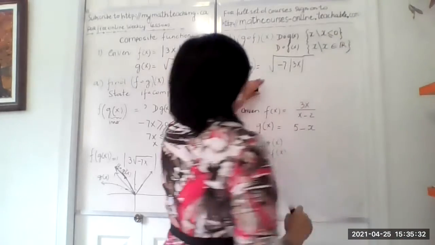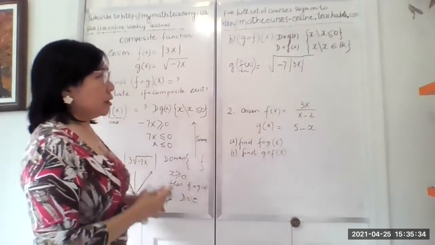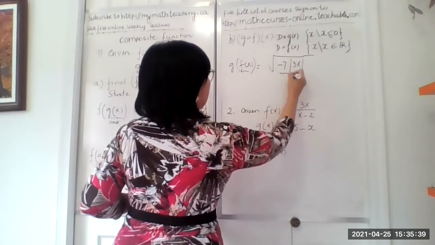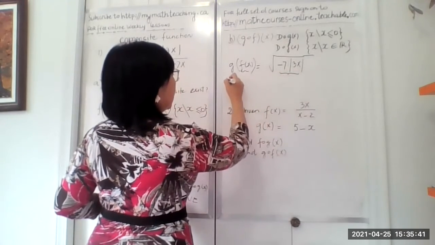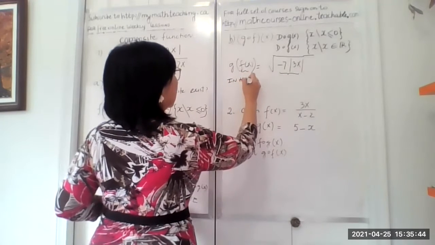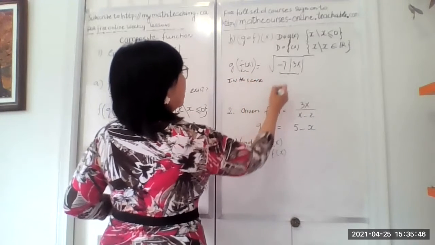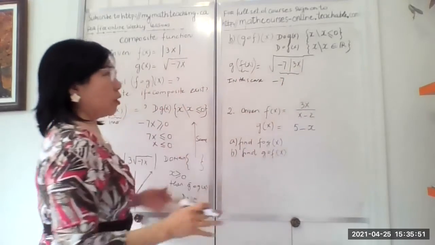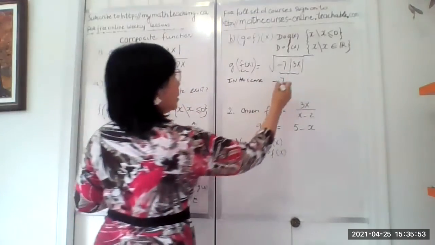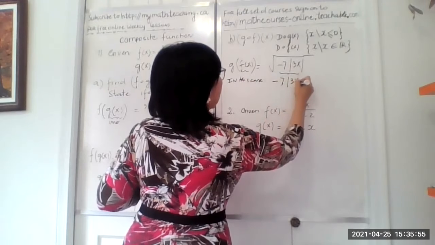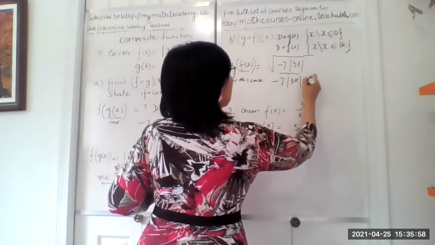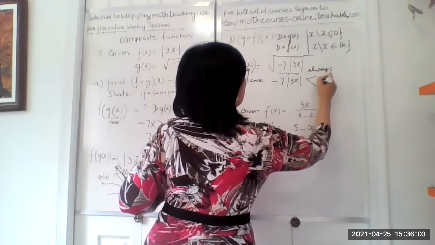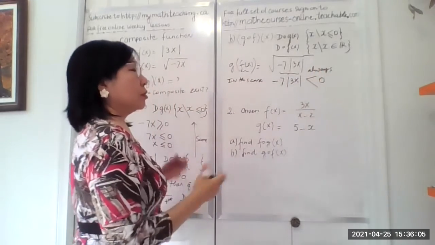After we got the composite function, what does that tell you? In this case, the absolute value of 3x is always positive, but minus 7 times that absolute value is always negative, less than 0.